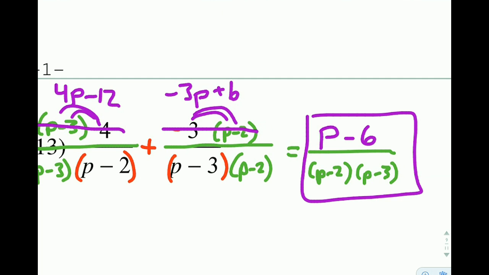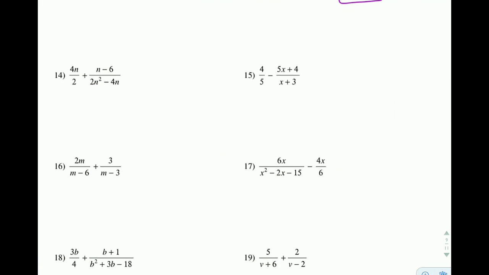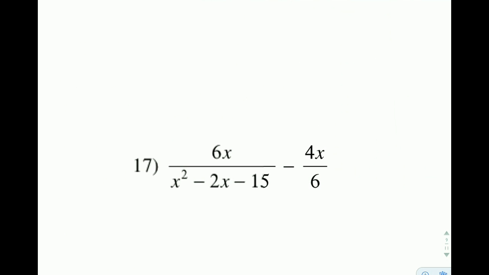Nothing can factor out of any of those parts that is in common with each other. Other things to watch out for when you get to complicated ones, if you look at number 17, you'll see an x squared minus 2x minus 15.